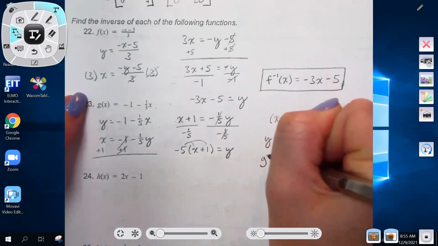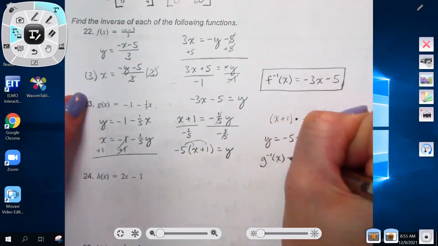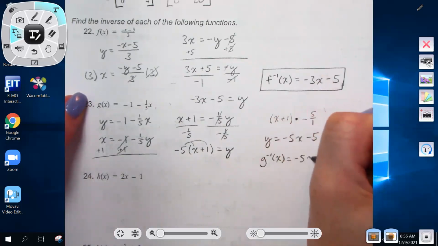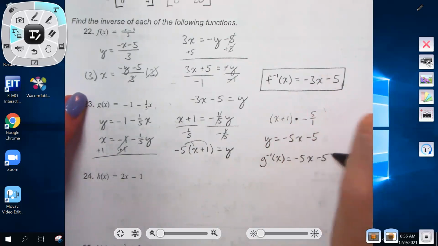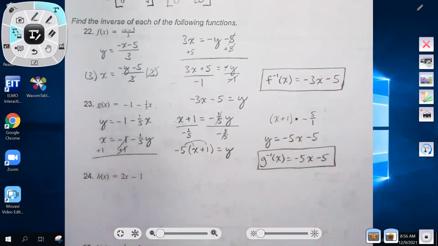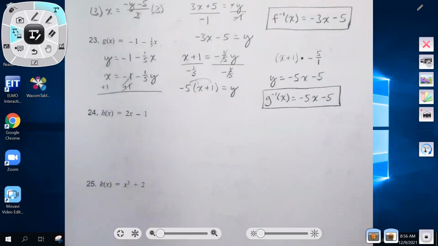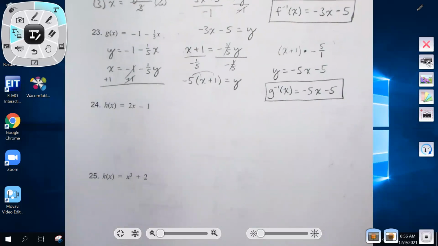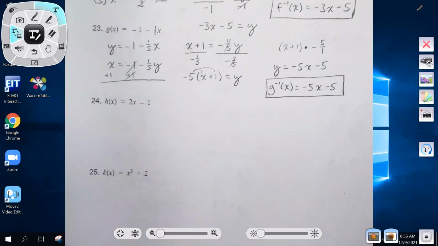So this is g inverse of x, because the function we started with was g of x equals negative 5x minus 5. That was the hardest one, in my opinion.